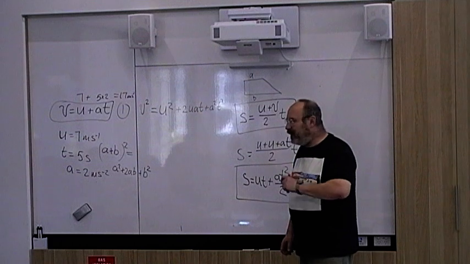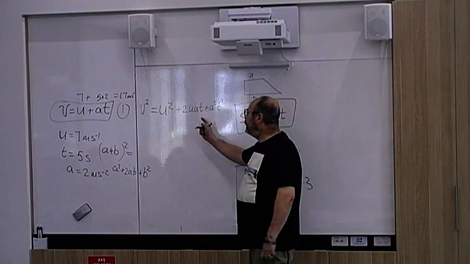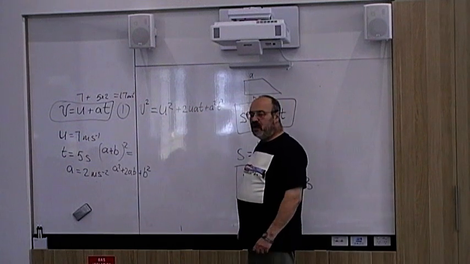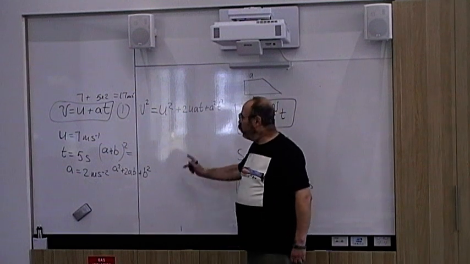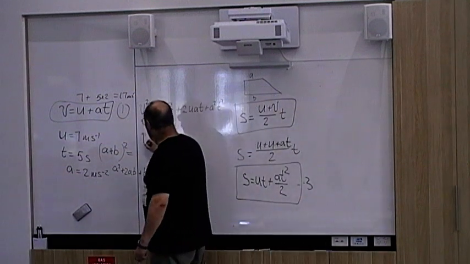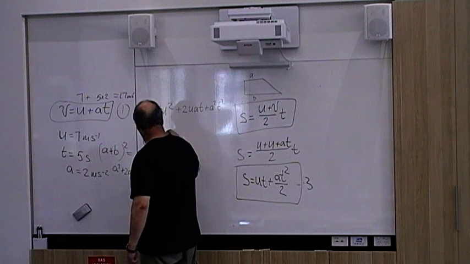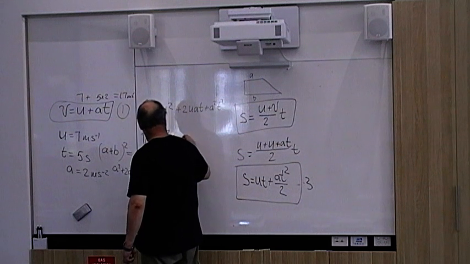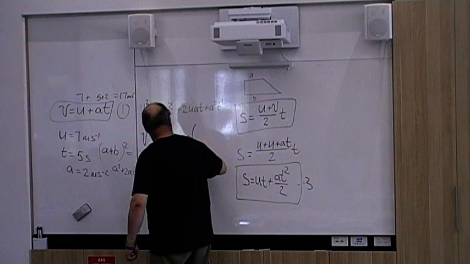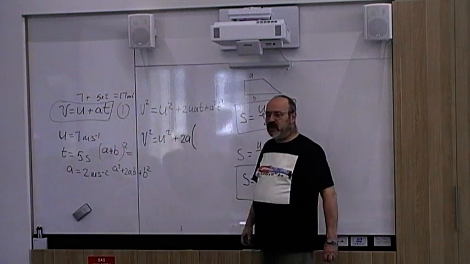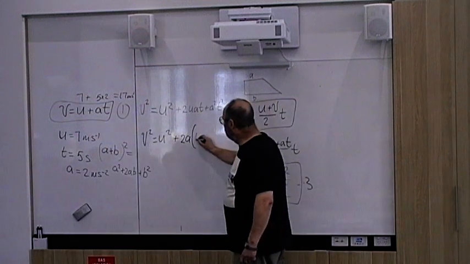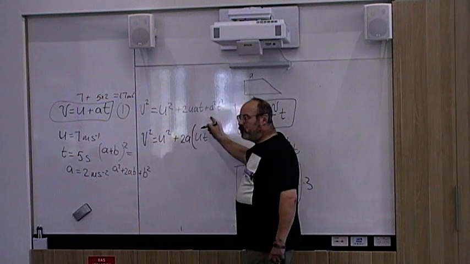We will simplify it now. Let's take 2A as a common factor here. So we have V squared equals U squared plus 2A. What will be left from this when you take 2A as a common factor? UT. And what will be left from here?